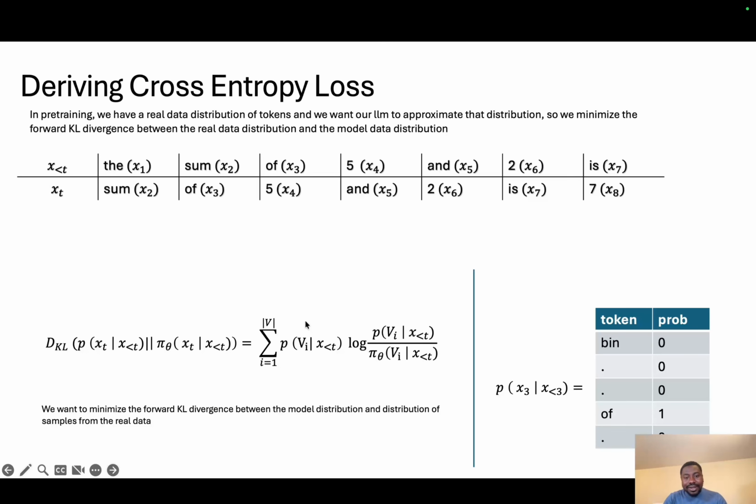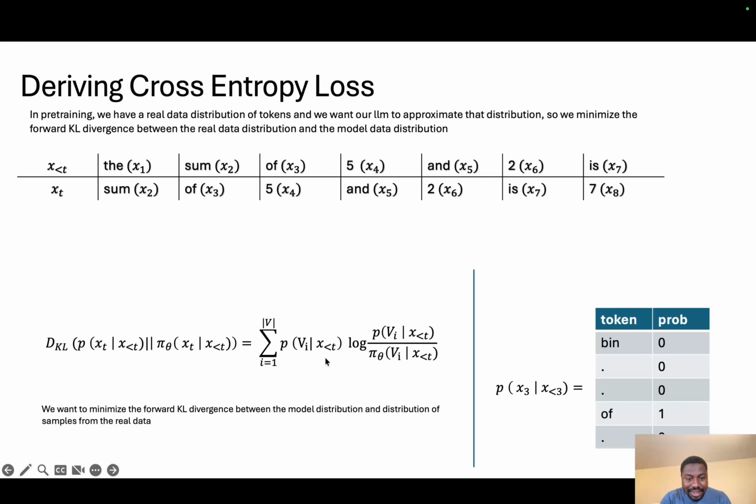The vocabulary being, at each position t, the distribution over the next token, right? So you then take p of vi, going over every single v in the vocabulary. You have p of vi given x less than t, times the log of p of vi given x less than t divided by pi theta of vi given x less than t.